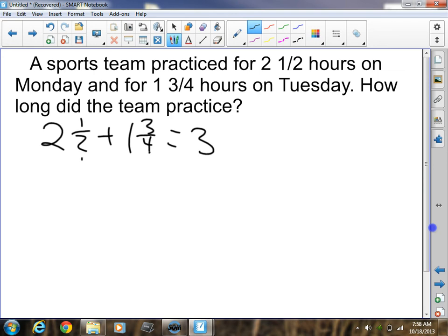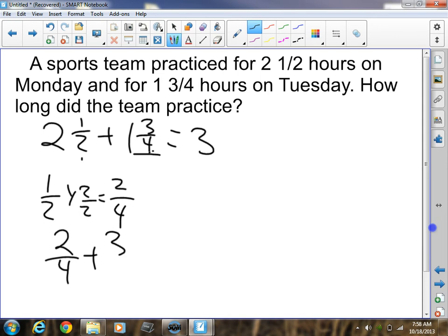You can't just automatically add those fractions. You have to get common denominators. So if I convert this, so 1/2, my denominator is going to be 4. That's easy. So there we go. So I have 2 fourths plus 3 fourths. That's going to equal 5 fourths.